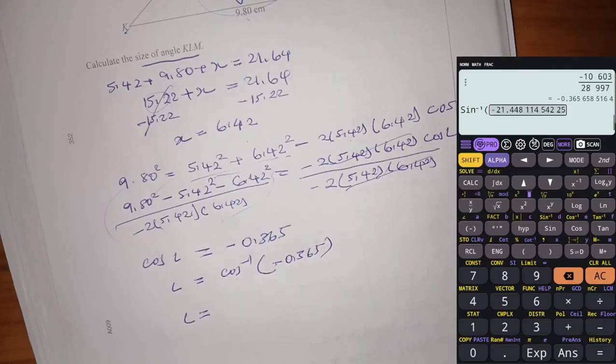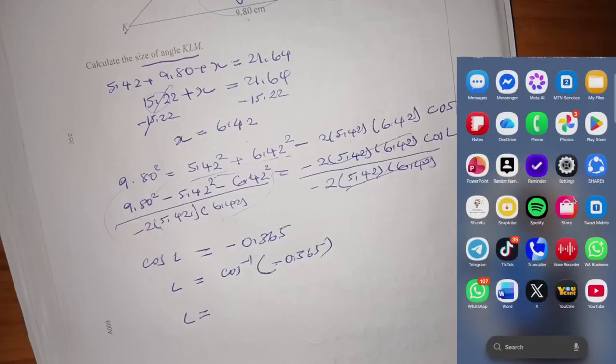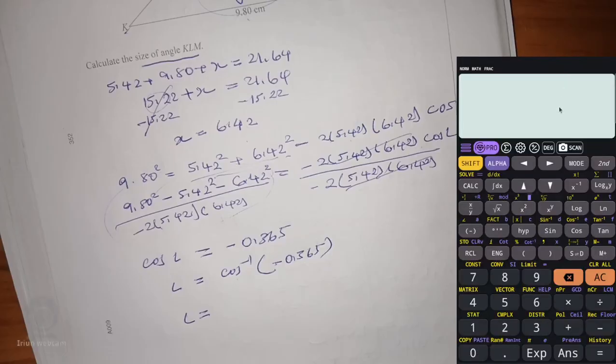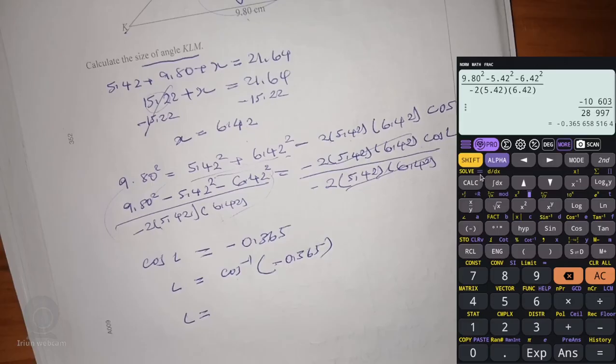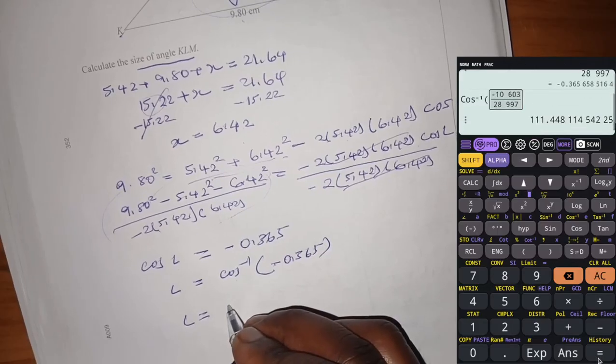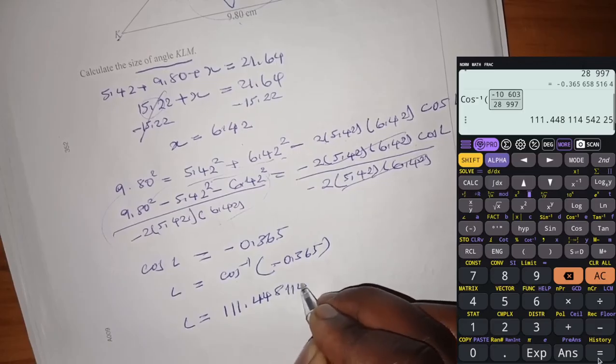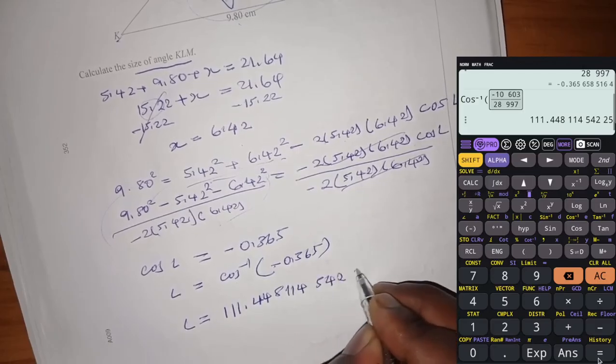Okay, it's supposed to be arc cos. This is the answer I'm getting: 111.448 114 54225.